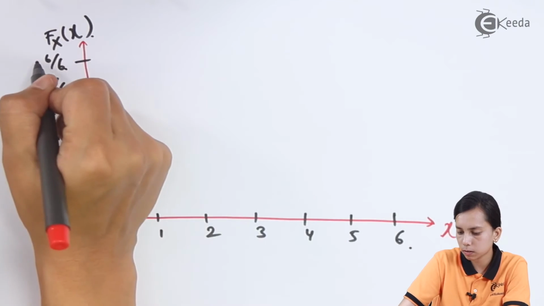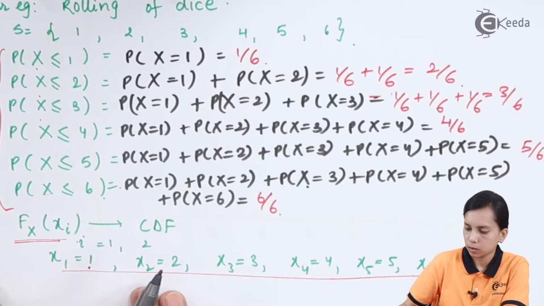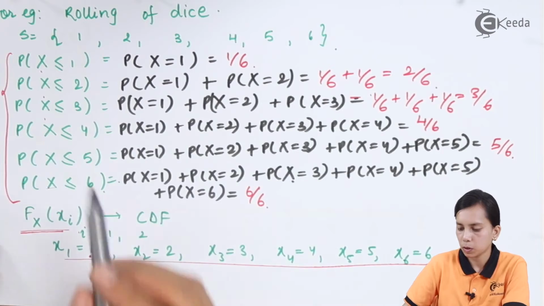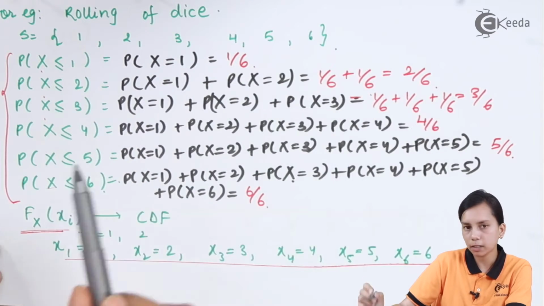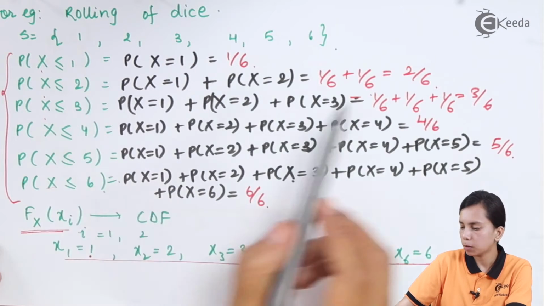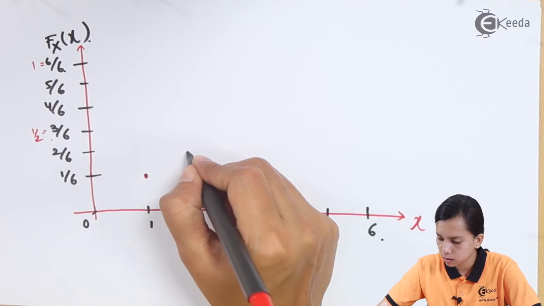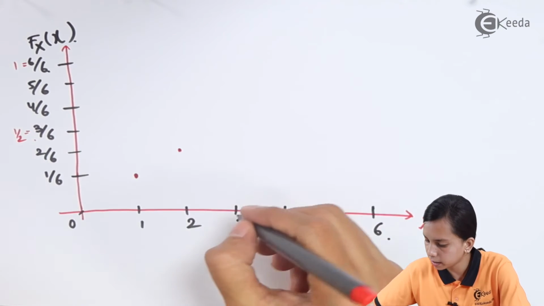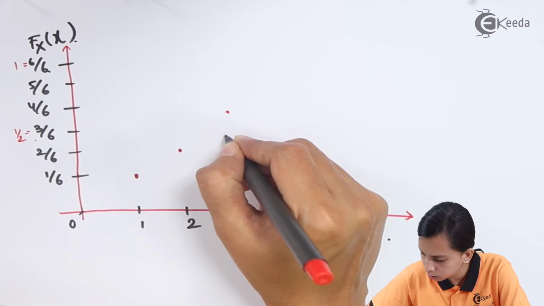At 1, the probability is equal to 1/6. When x is less than 2, I can say that the probability is 2/6. Similarly, I can define the probability for 3.